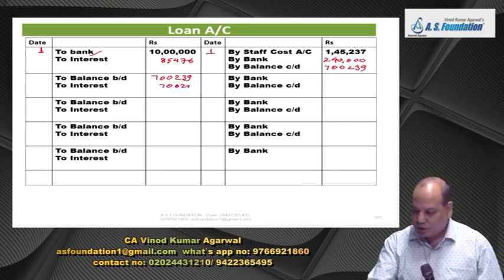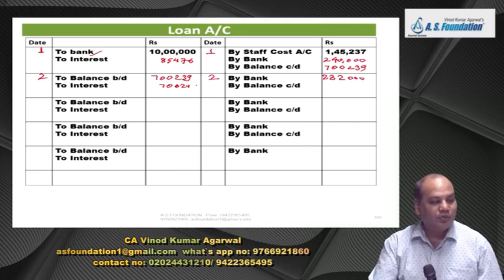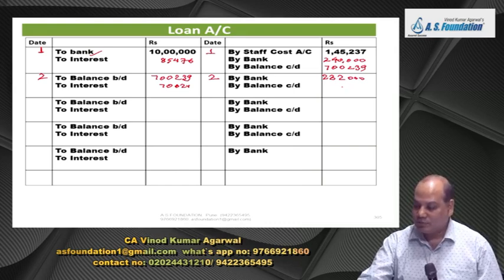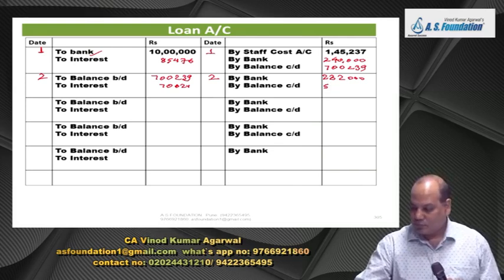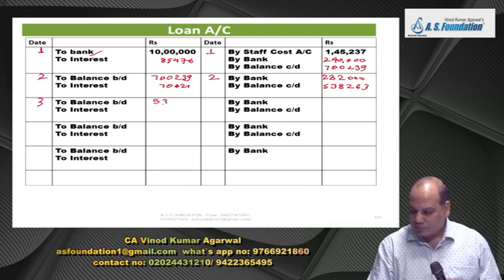700,239. By bank, year 2. Was it 2,32,000? You don't have to use a calculator. Everything is appearing in that amortization table. And by balance carried down, second year closing balance, 5 lakh 38,263. Third year, to balance brought down 538,263. To interest was how much? 53,826, correct?